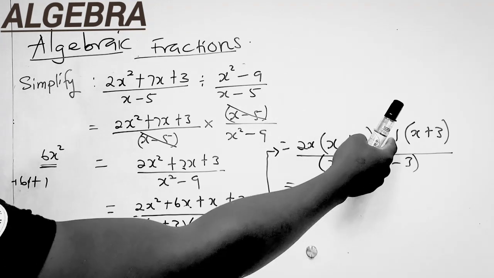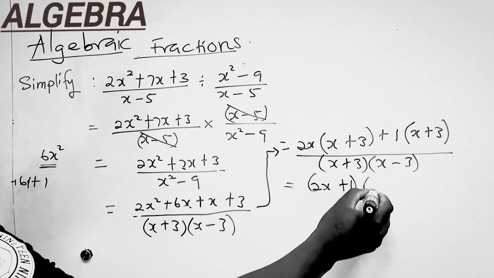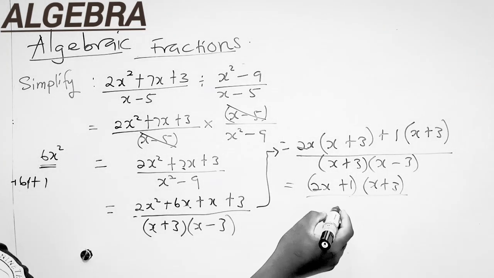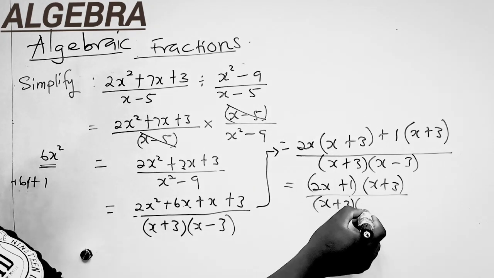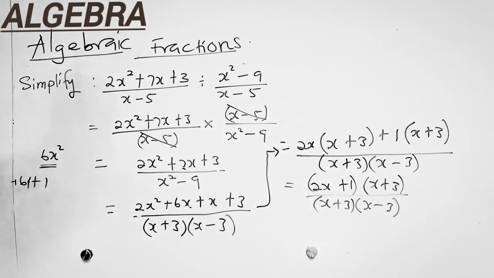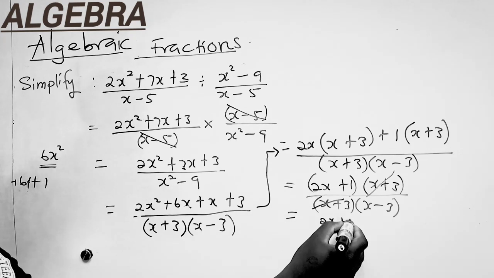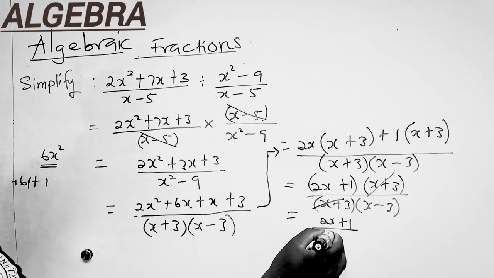So now I combine these two: 2x plus 1, x plus 3 over x plus 3, x minus 3. So x plus 3 and x plus 3 cancels, leaving the answer as 2x plus 1 over x minus 3.